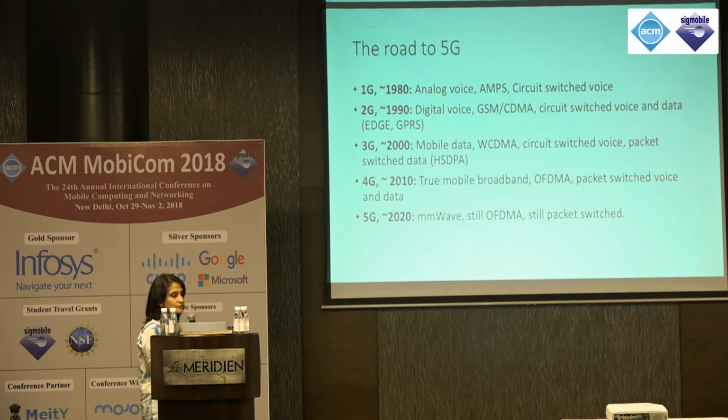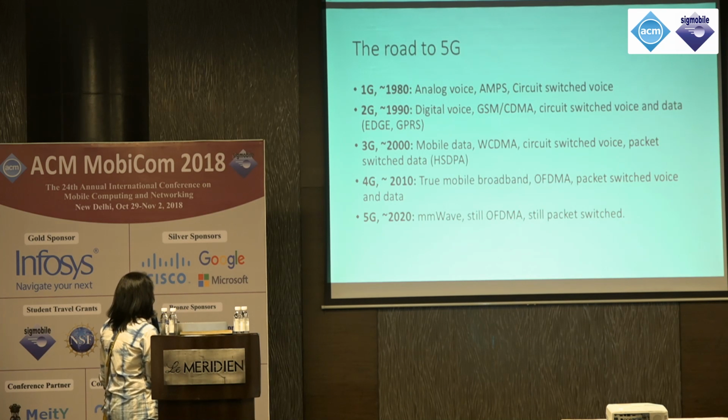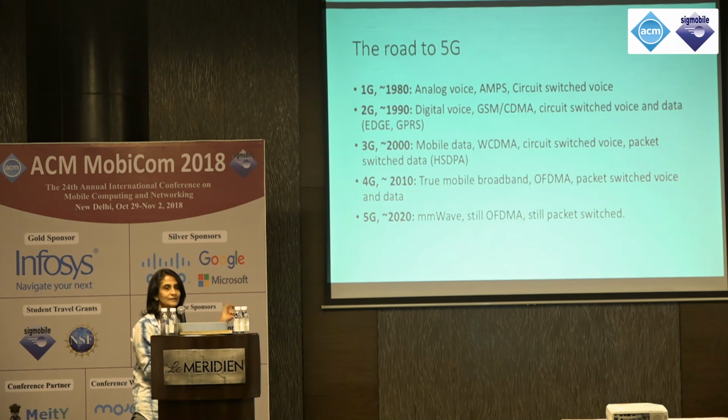It was circuit switched voice. And actually 1G was never called 1G until 2G came along, because nobody planned this evolution of the Gs going all the way from 1 to 5. So when 2G came along in 1990 was when people went back and labeled 1G as 1G, right?